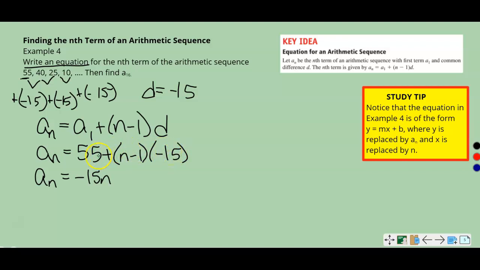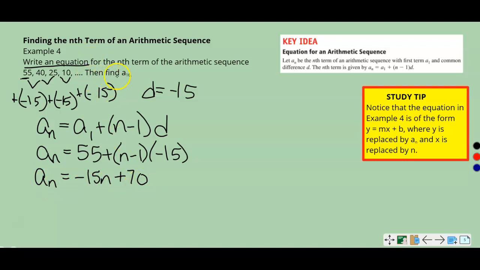And I can add that +15 to 55 and get +70. So again, I just use the distributive property, and then I combine like terms at the same time. So if you remember y equals mx plus b, this is the same type of equation. We're just using n in place of x, and we're using a sub n in place of y.